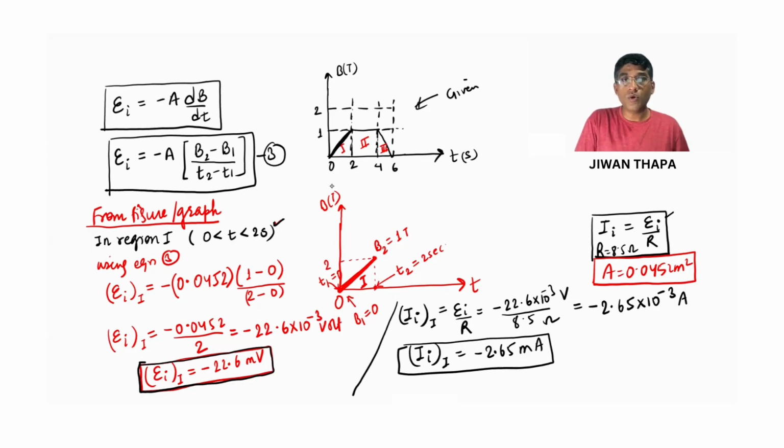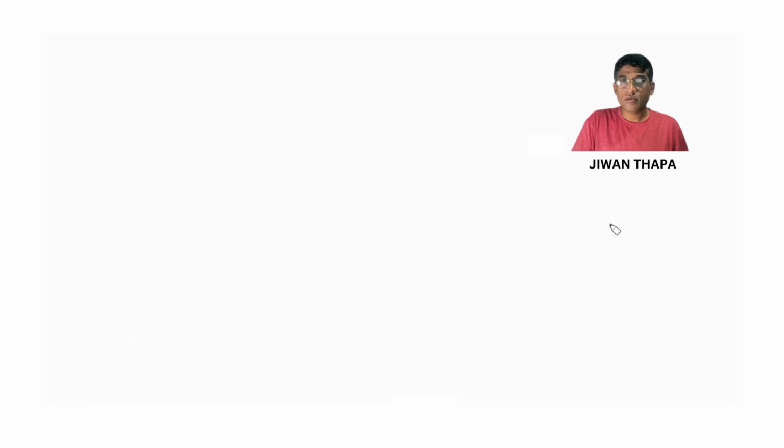Now we go for region 2, or this interval of time from 2 seconds to 4 seconds. I'm writing equation 2: minus A times (B2 minus B1) by (T2 minus T1).